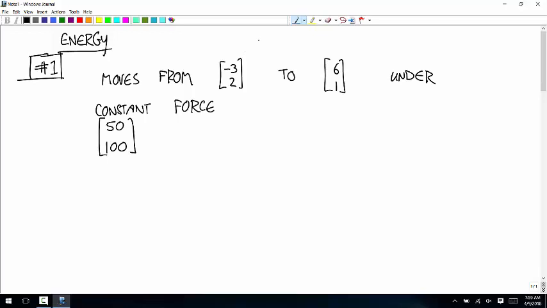And these distances are in meters. What's the work done by the force? And does it add or remove energy from the object?